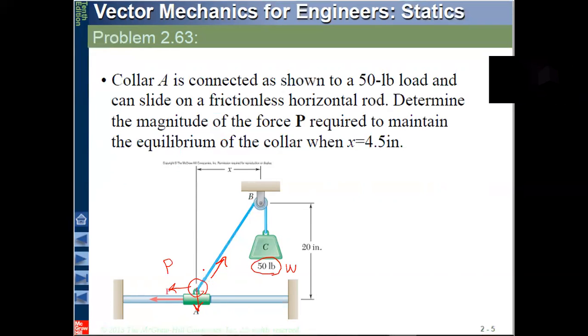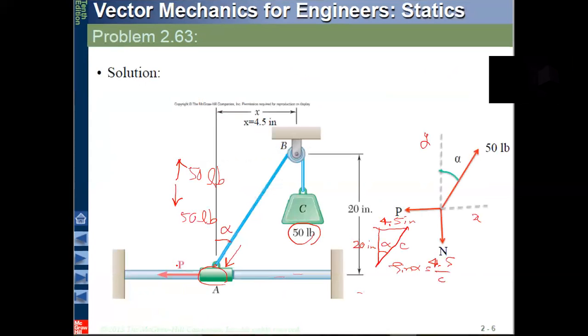So if you want to make it static, you need to have some forces in the y direction. Anyway, in this problem, it was not required to calculate the vertical force. You just need to calculate P, and that is going to be easy, because if you draw the free body diagram, you have P in x direction and in y direction, and you have the cable force that has both x and y components.